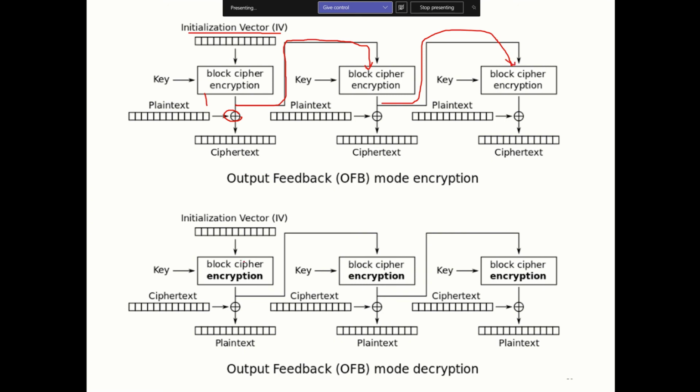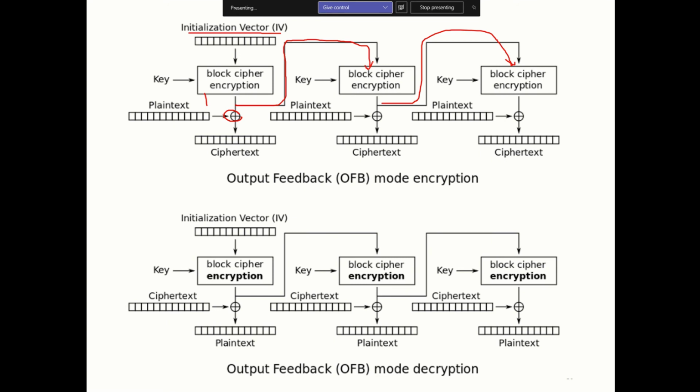So it looks different from the previous one. The only difference is that it takes the output before the XOR and gives it to the next block encryption. And then after that, the XOR happens anyway. So this is the encryption here, and before the XOR, I have to send it to the next block and so on.